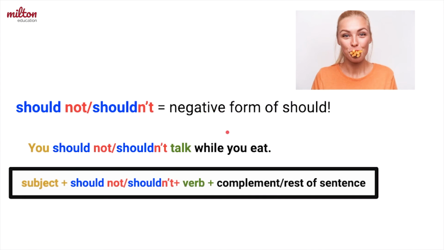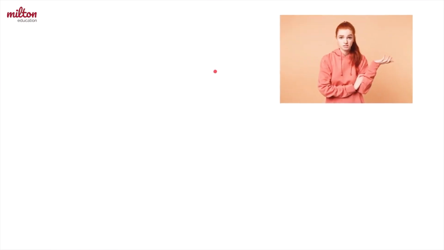To talk about the final type of modal verb, we're going to go back to the situation I mentioned before of talking while you're eating. Let's imagine that you're eating a giant slice of pizza and your friend has this reaction.